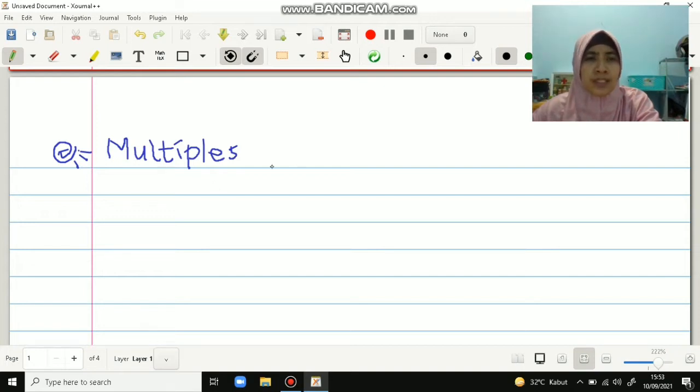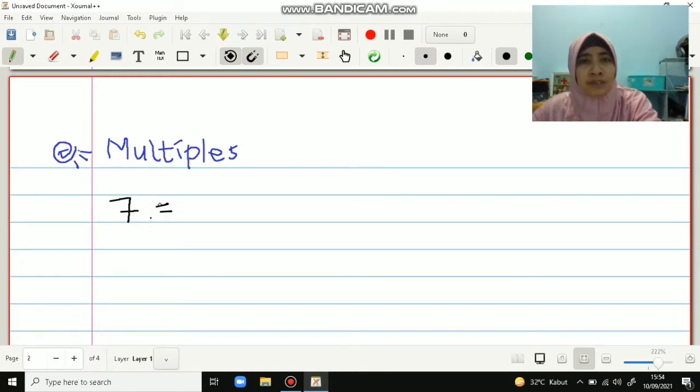What are multiples? Multiples are all the numbers that we get after we multiply one number with another. For example, if we have 7, what are the multiples of 7? Multiples of 7 means all the products of multiplication of 7.